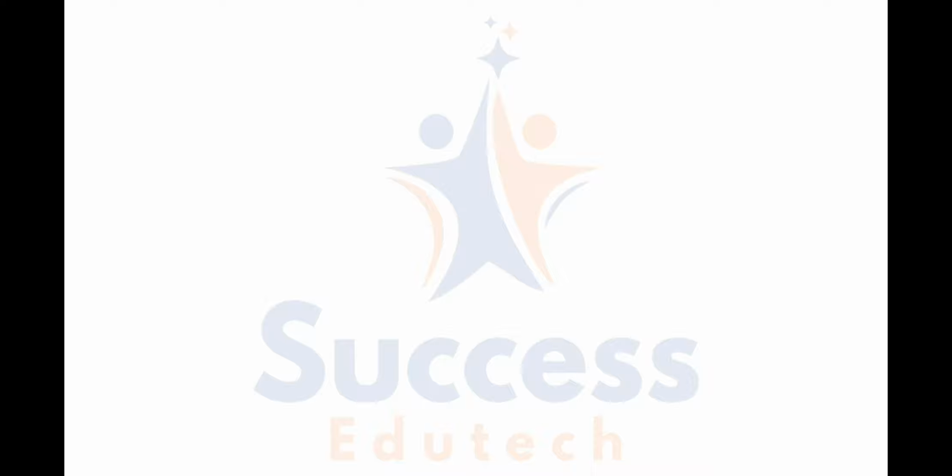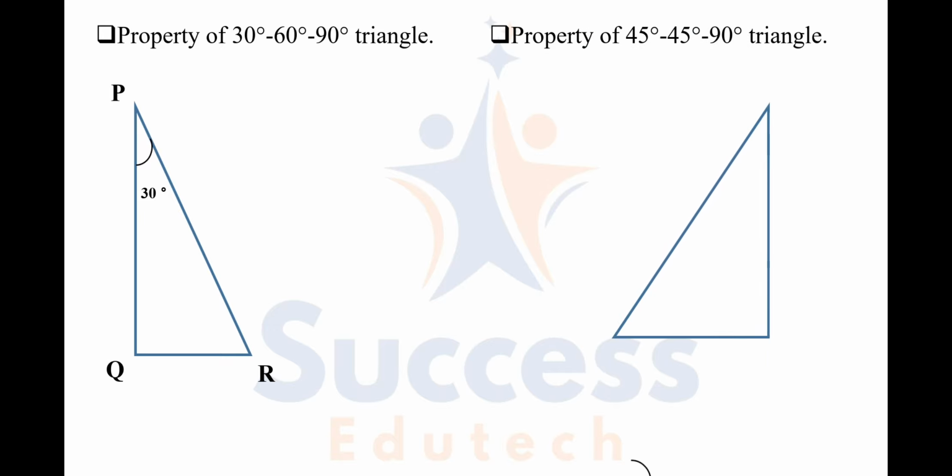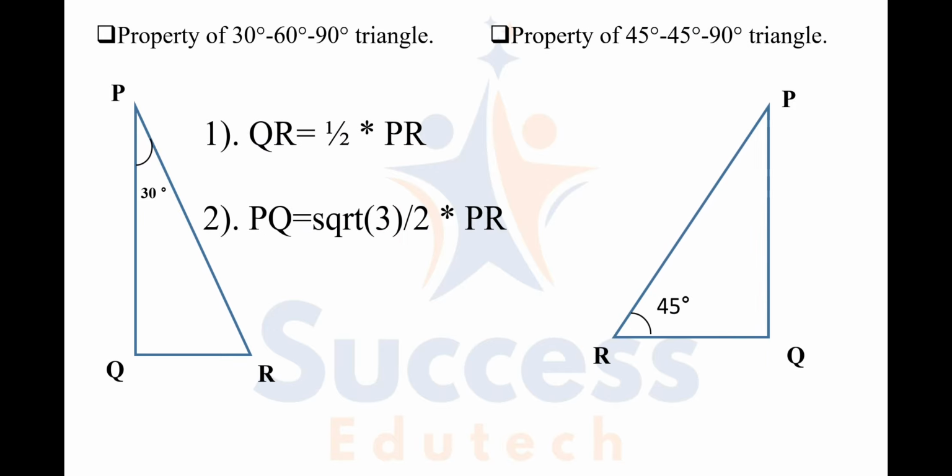Now check next. Now properties of a 30-60-90 triangle. You know the 30-60-90 theorem you have studied in your previous class, that gives some formula. On that basis there are some examples in your book.